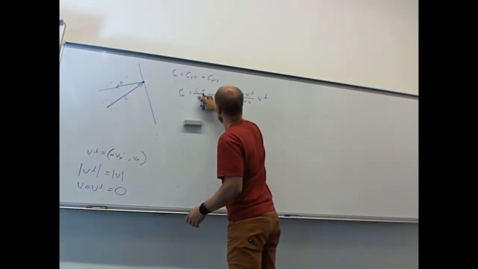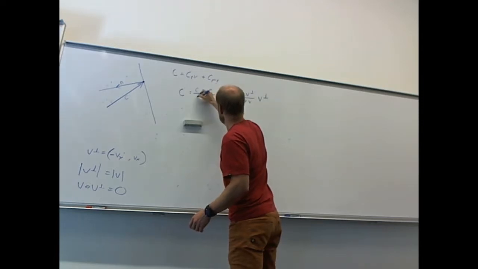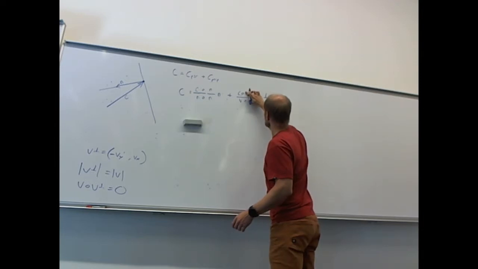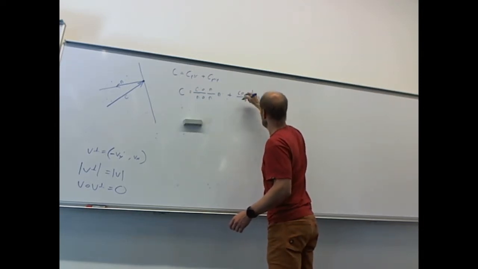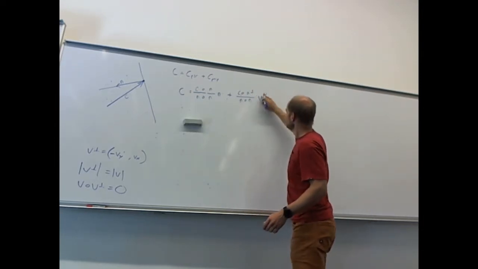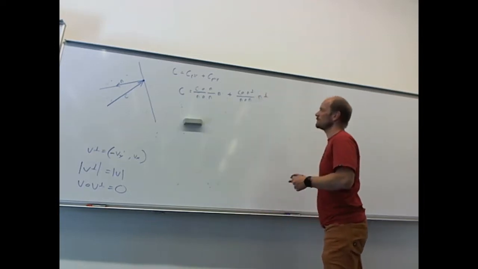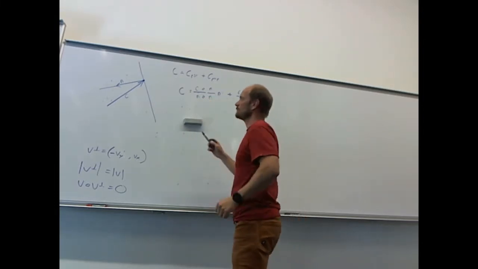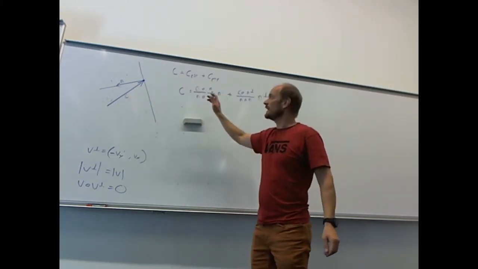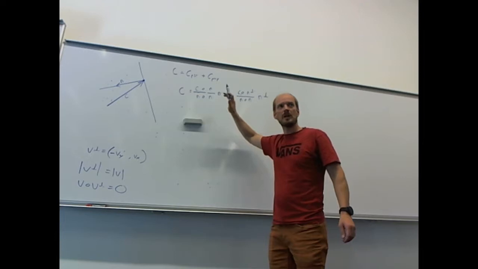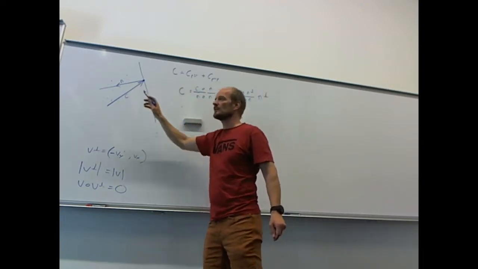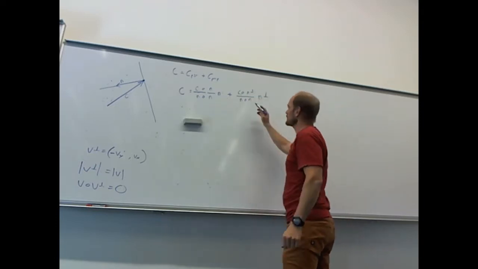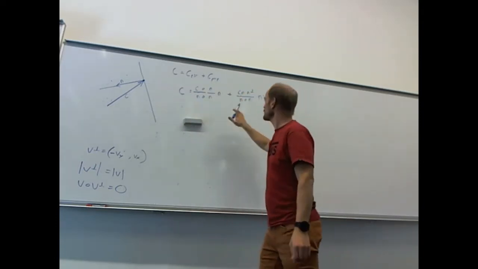We can still say C equals C dot n divided by n dot n times n plus C dot n perp divided by n dot n times n perp. Except now this is the part that's perpendicular to the line, right? It's parallel to n, but being parallel to n means it's perpendicular to the line. So now this is the part that we want to flip. This is the part that's parallel to the line, so this is the part we want unchanged.